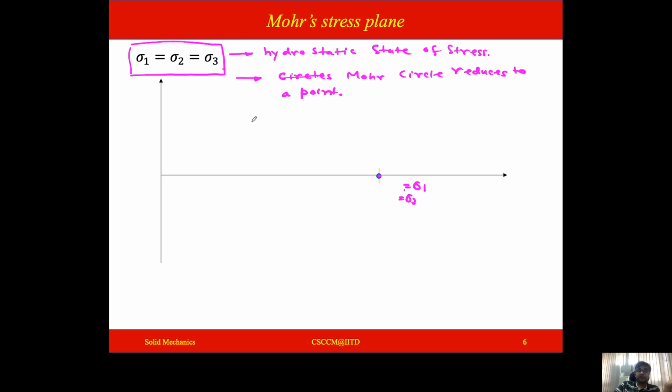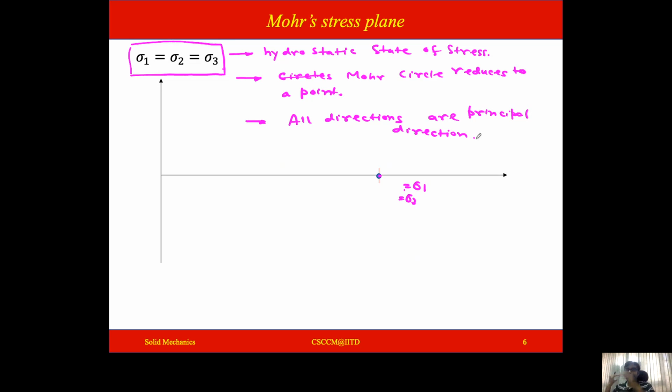And remember, in this case, all directions are principal directions. This is something we discussed earlier, right? So that is Mohr's stress plane.